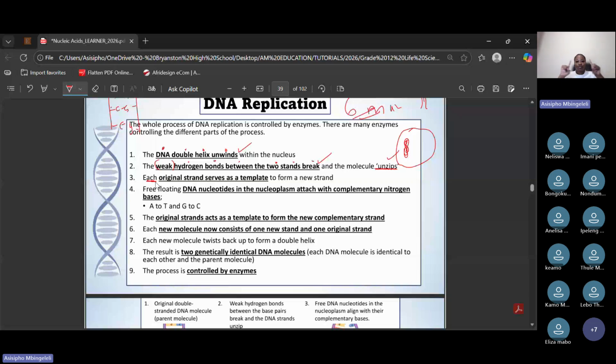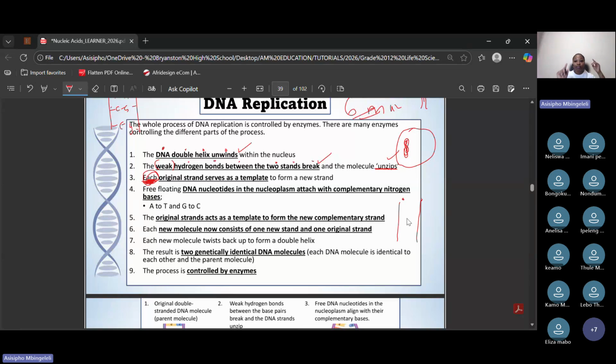So after the 2 strands have separated, we are going to use both strands. So if you don't want to use the word each here, please make a note. You can use the word both because we are going to use both strands for them to act as a template. And this will make sense once I do the diagram, which I will do now.